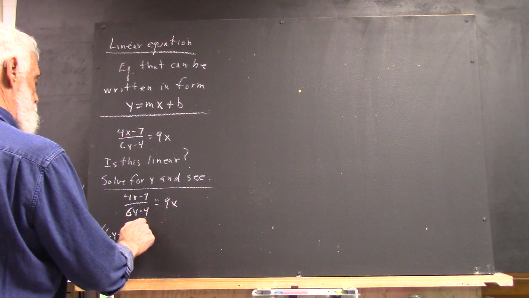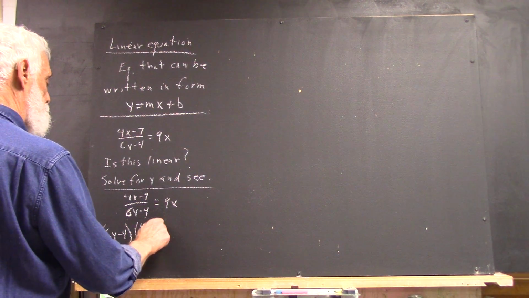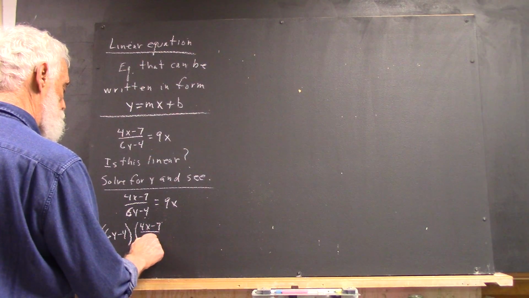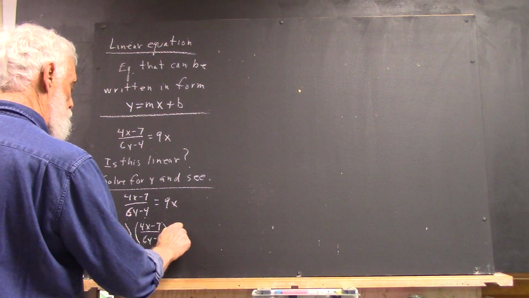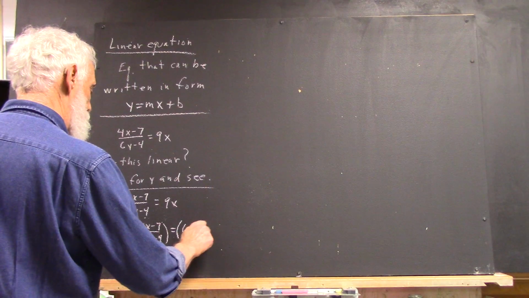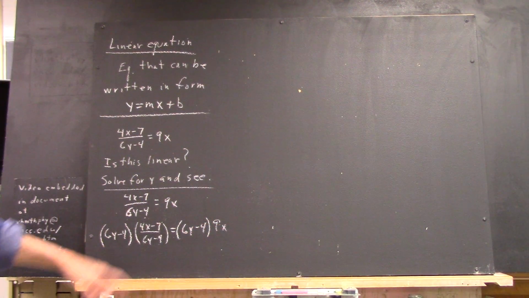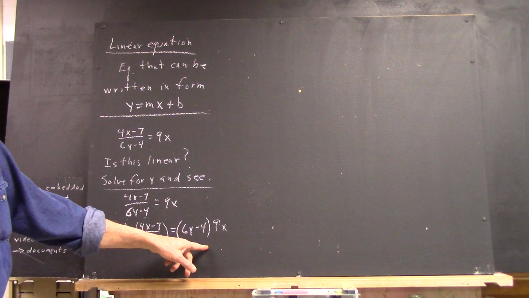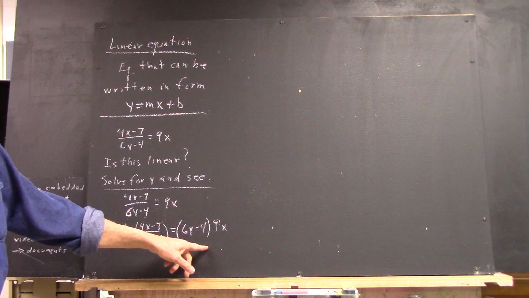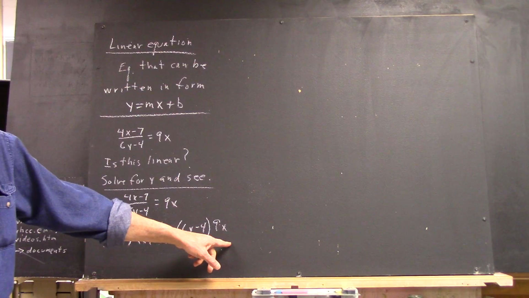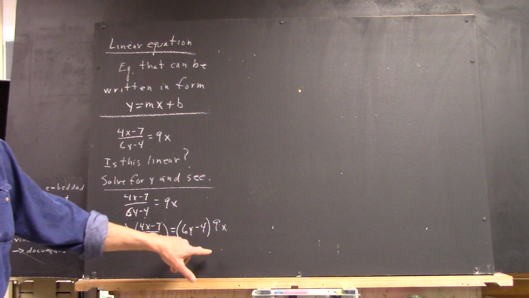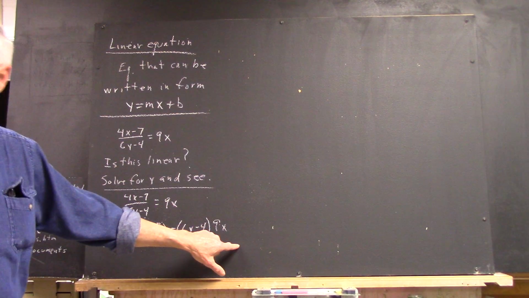So that's then times 4x minus 7 over 6y minus 4. On this side, we do 6y minus 4 multiplied by 9x. Notice if you didn't have the parentheses here, you wouldn't necessarily remember to use the distributive law in multiplying this, which you really have to do because you have to be multiplying by this whole quantity.